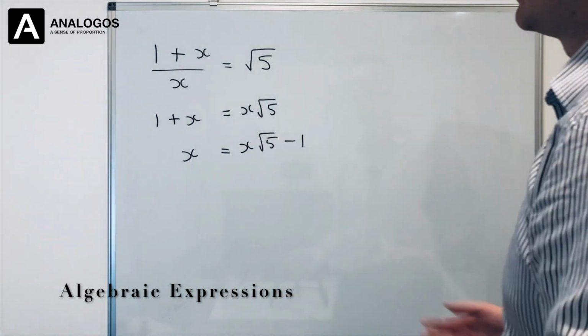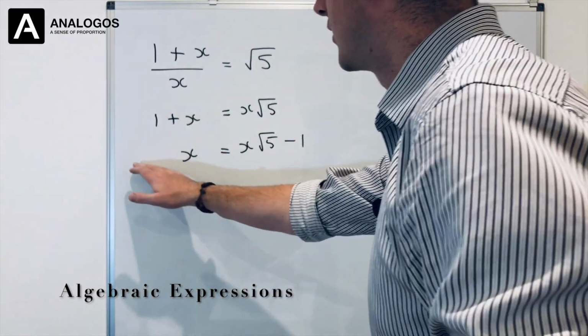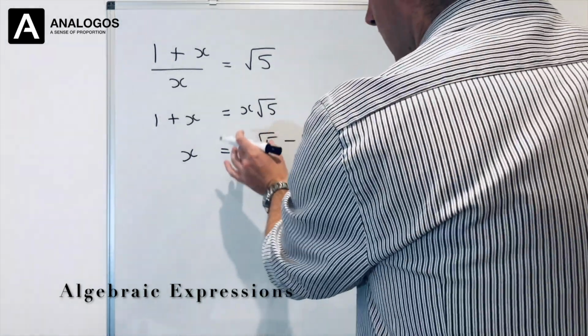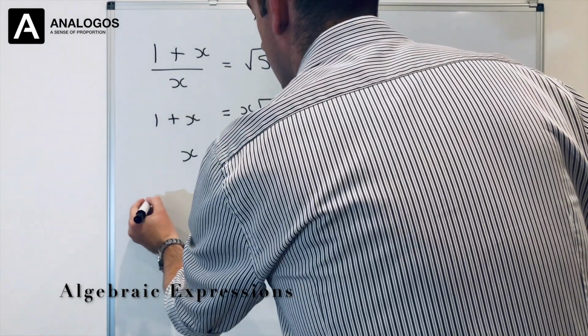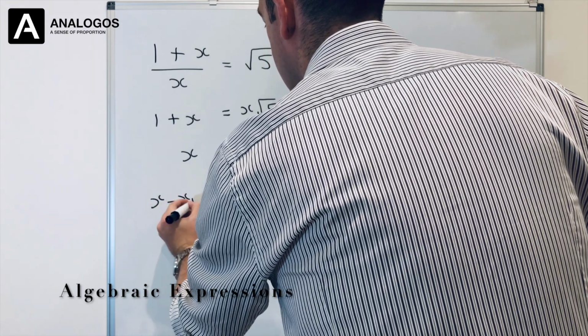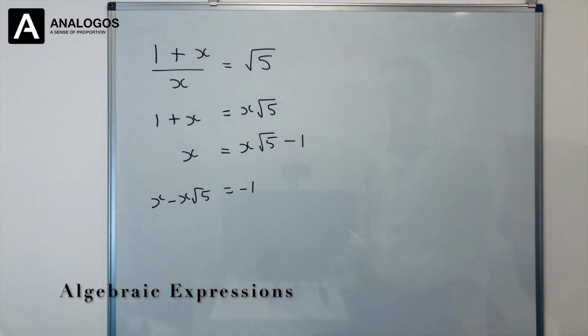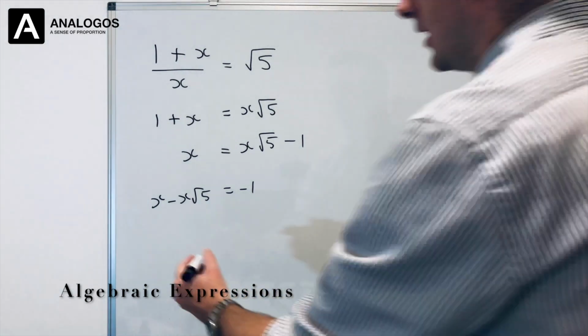Okay, fairly straightforward. It's positive on this side, so I have to subtract 1 from both sides. Okay, let's get the x root 5 on the left hand side. So we've got x minus x root 5 equals minus 1. Okay, I want to isolate the x. I'm going to take x out as a common factor.